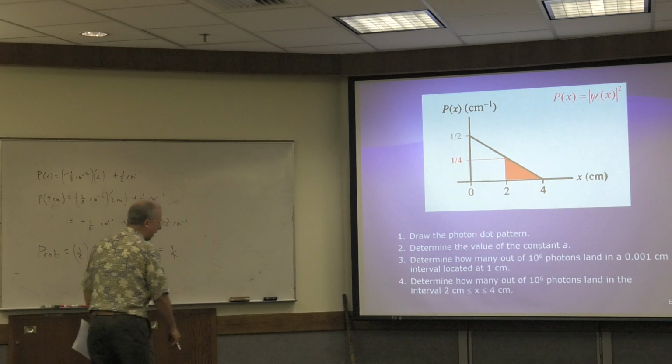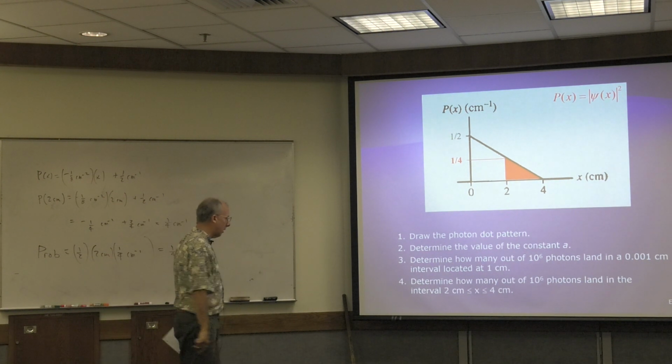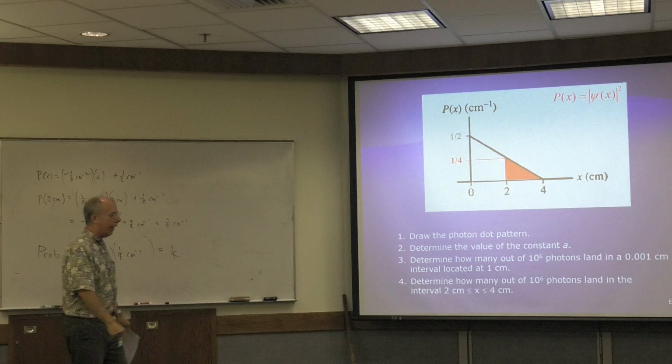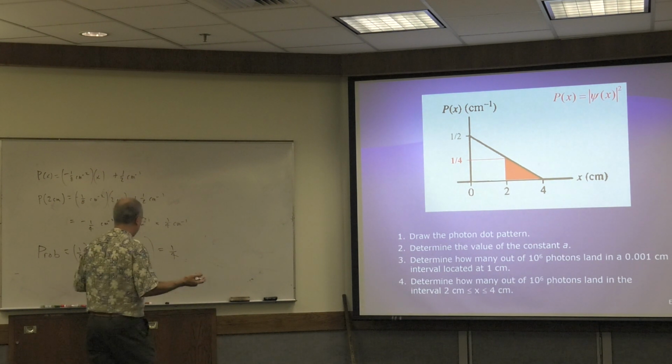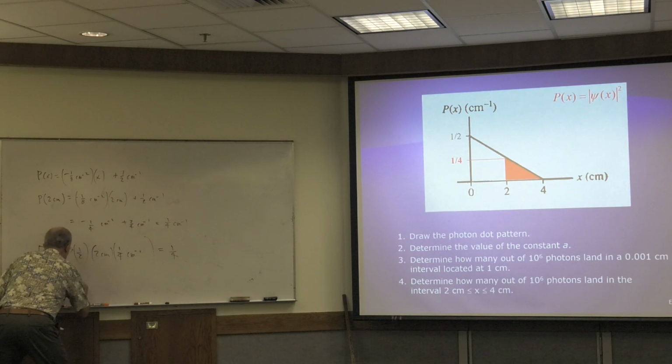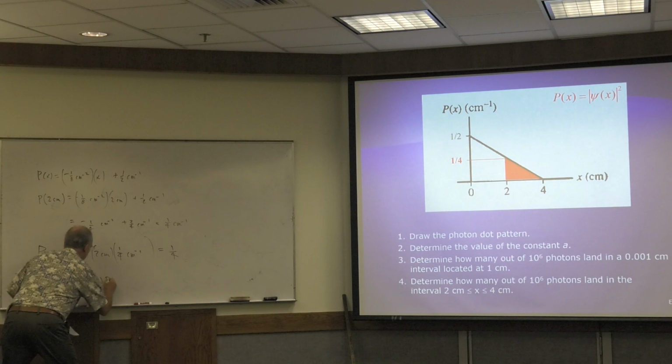So then, how many of a million photons are going to land there? It's a million photons times a fourth. So n expected is n times the probability.